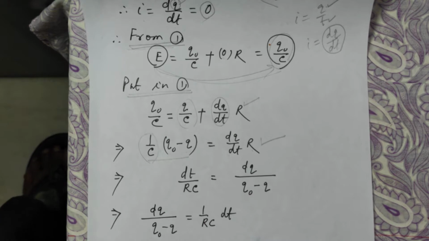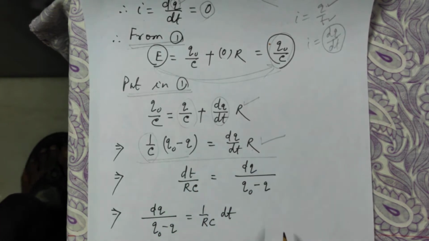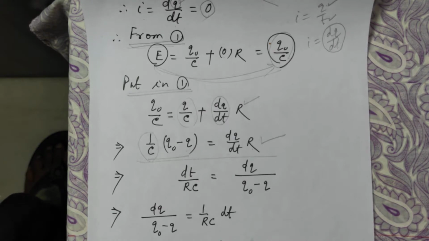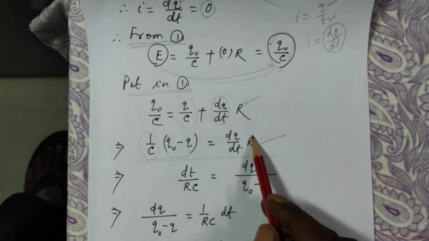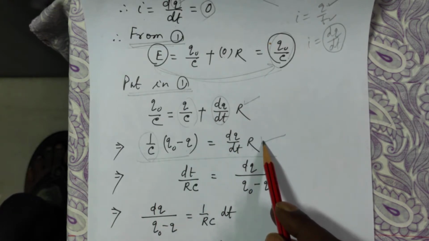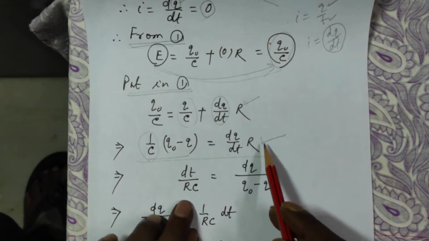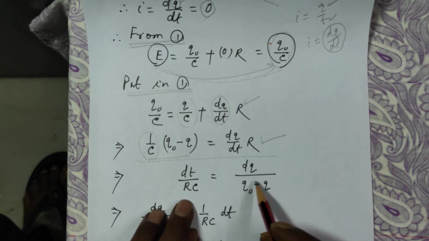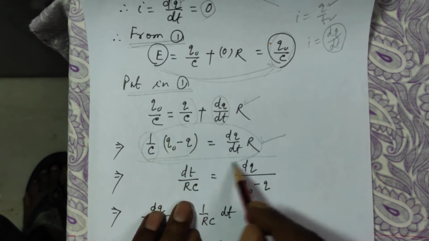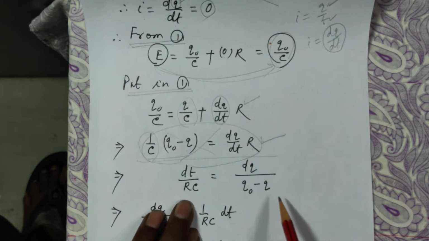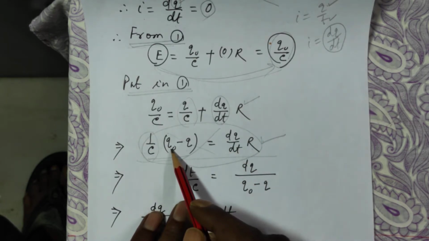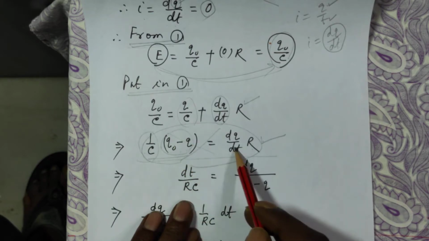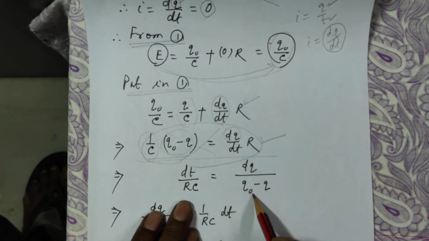Now let us rearrange this. Take C to this side, R into C. Let us do it this way: just cross multiply, take Q naught minus Q to this side and keep it below dQ.